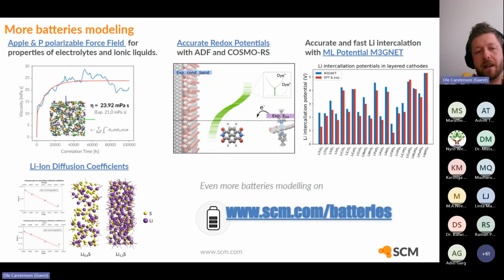Information about how our charge carriers, our lithium ions, are diffusing in the system is of course very interesting. In the tutorial that is linked behind this link, you will find that we study the diffusion inside this sulfur cathode that we used for the voltage profile Grand Canonical Monte Carlo simulation I showed you earlier.